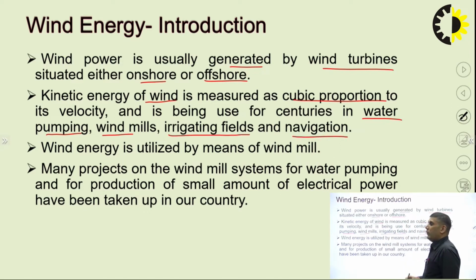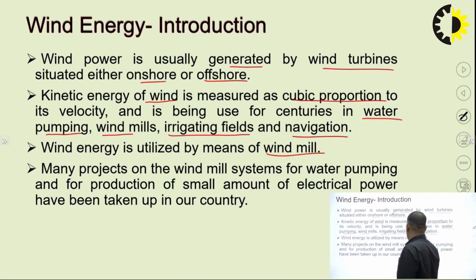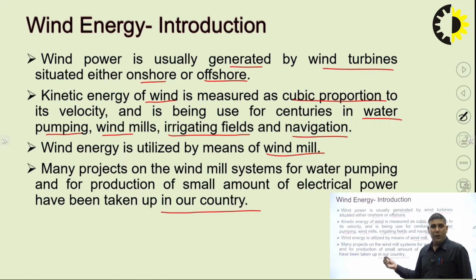So wind energy is utilized by means of windmills. Many projects on windmill systems for water pumping and for production of small amounts of electrical power have been taken up in our country, and I will brief about the progress of wind energy in our country in the coming slides. You must feel proud after seeing the achievements of India in this area.